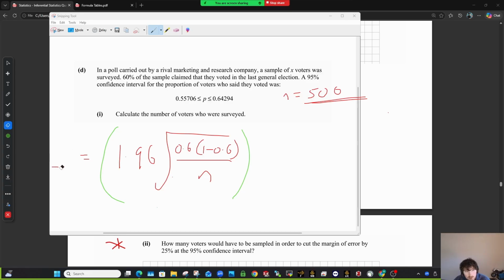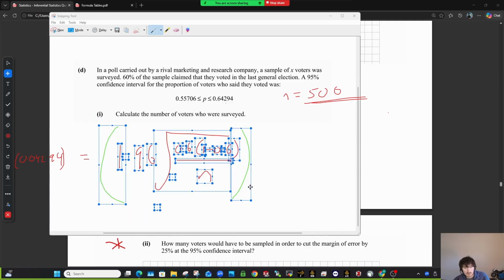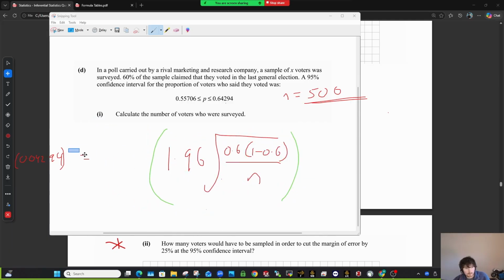The original margin of error, we got it from taking 0.6 away from this, so you can pretty much see it. The original margin of error was 0.04294. If we worked it out exactly like it is now, we get the 500 we got before. But that's not what we're supposed to do. We're supposed to have a 0.75 multiplying this. So let me try and make room for that. It's this side of the equation that the 0.75 is supposed to go on.